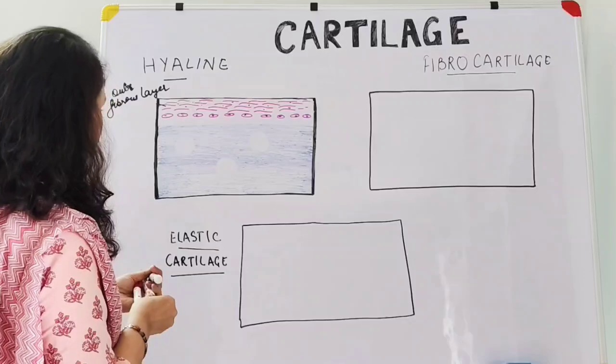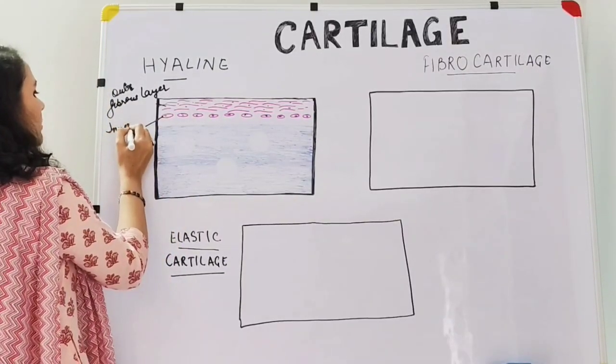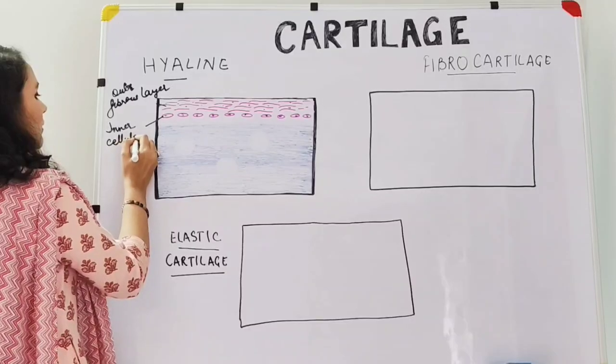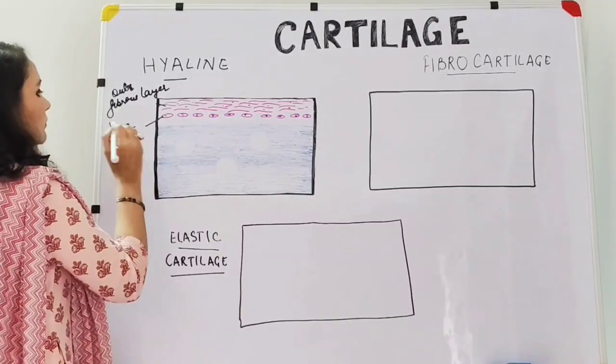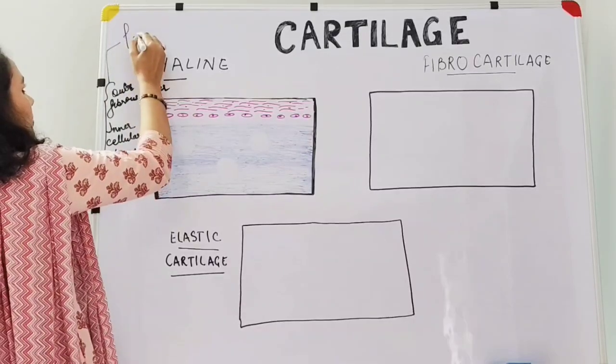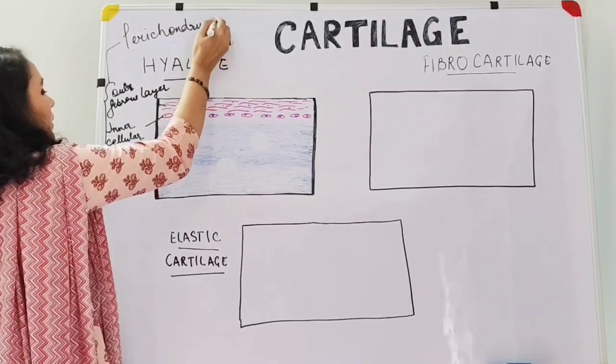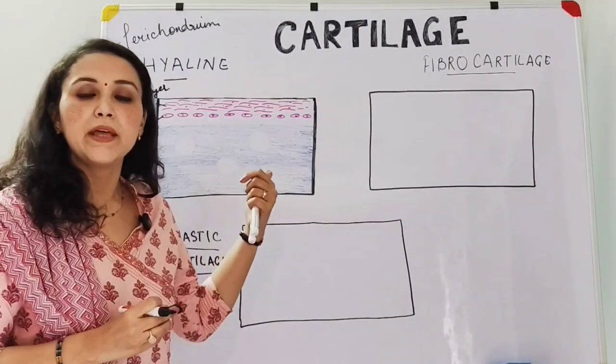So now we can label this as the inner cellular layer, and both of them constitute the perichondrium. This is how you make the perichondrium.